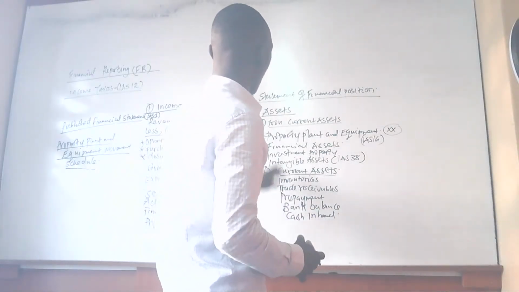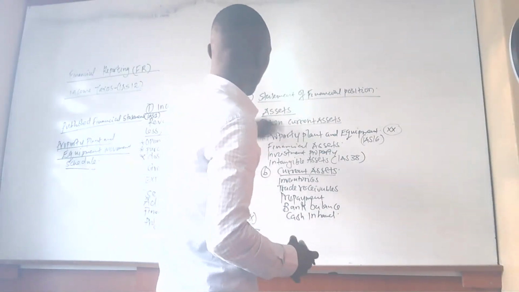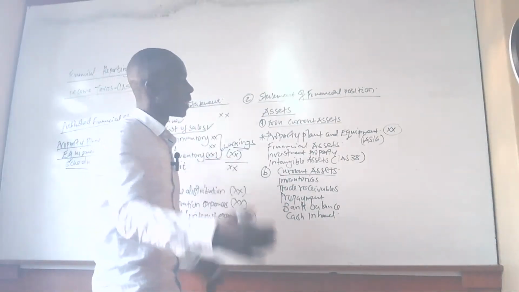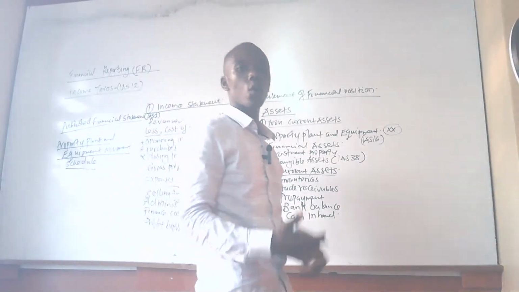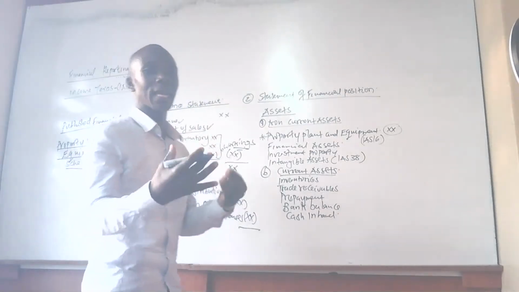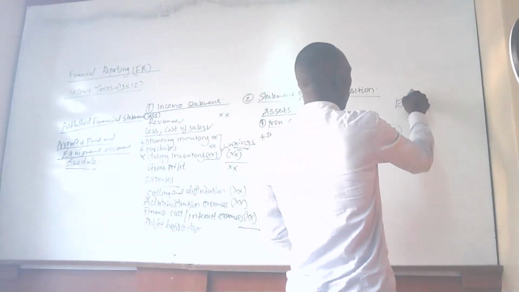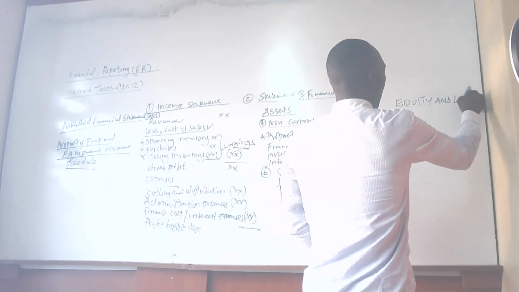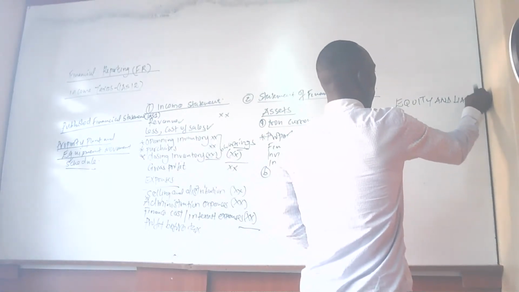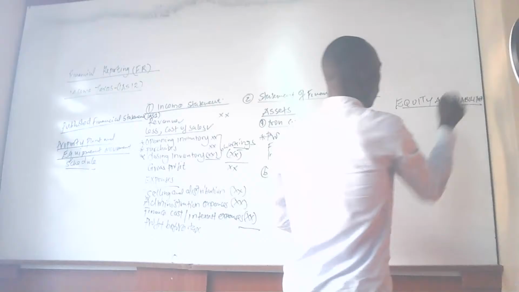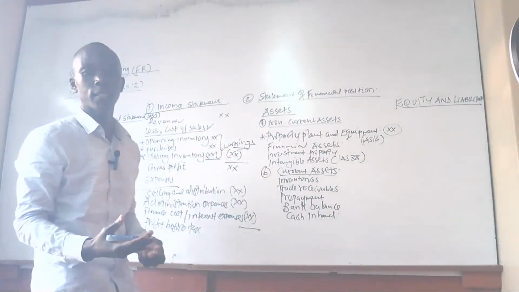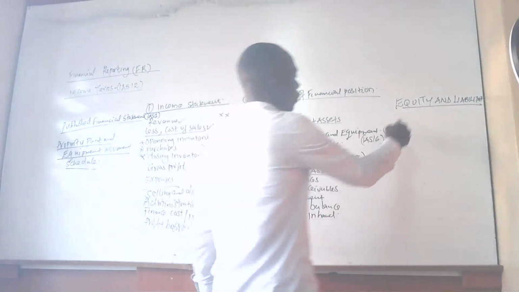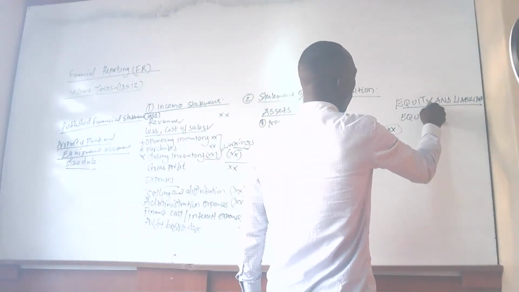Then from there, once we look at the assets, whereby we have the non-current assets and current assets, we can look at what we call equity and liabilities. For the case of the equity and liabilities, here we are going to discuss the equity.